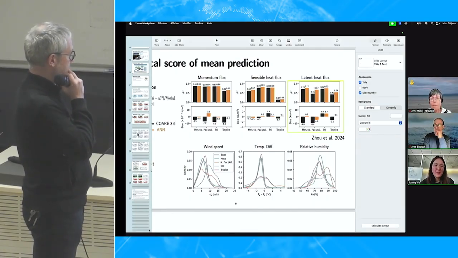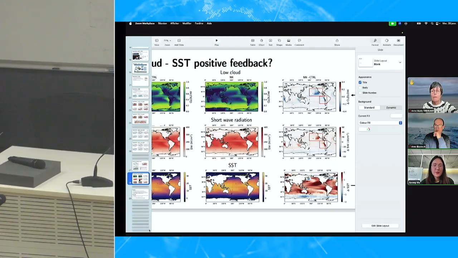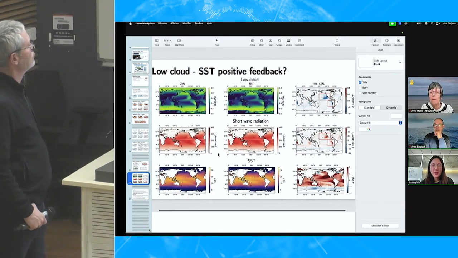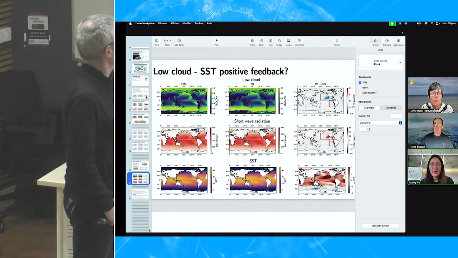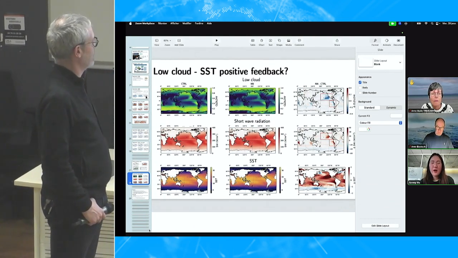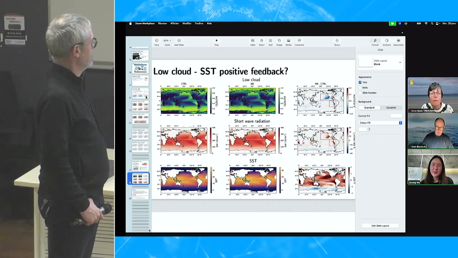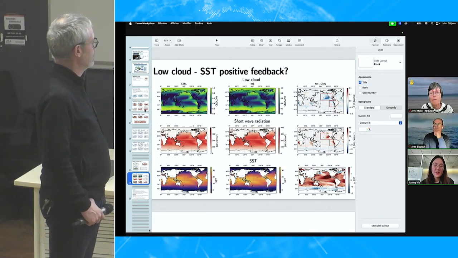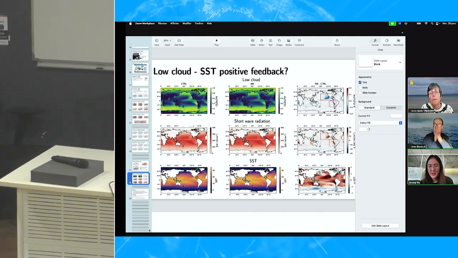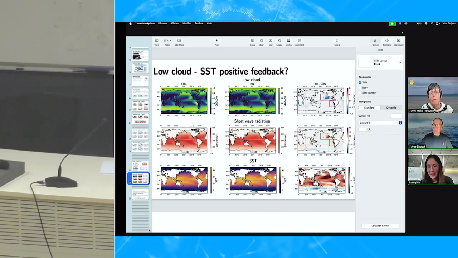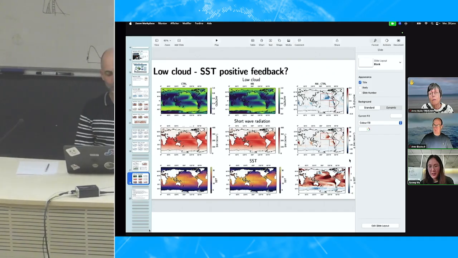Yes. So this was basically this slide, and we think that after some years of implementing this different latent heat flux algorithm, we triggered a cloud feedback in these regions.